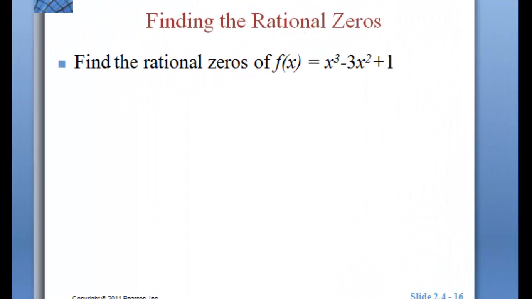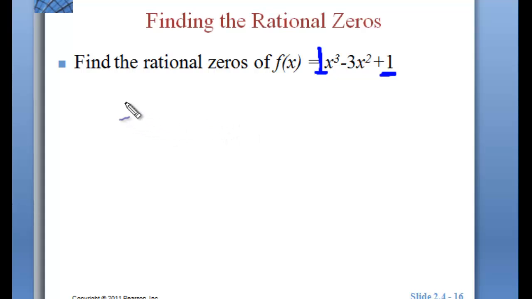If we want to find the rational zeros of f of x equals x to the third minus 3x squared plus 1, by the rational zeros theorem, we look at the leading and the constant coefficients. In this case, the leading coefficient is 1 and the constant is 1.